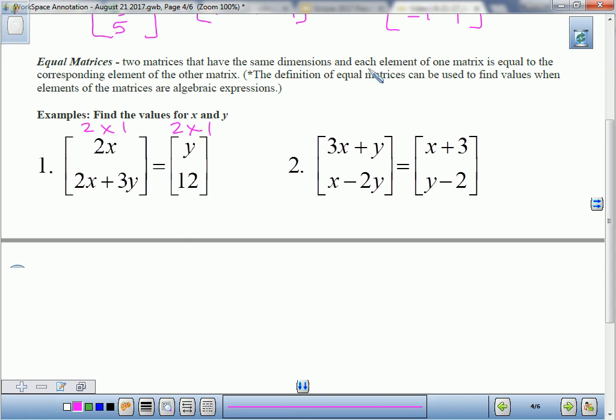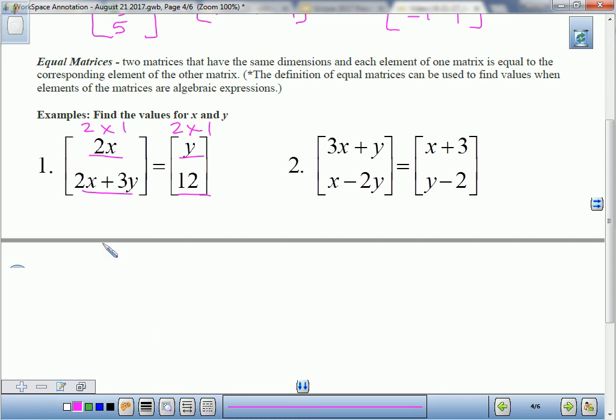And each element of one matrix is equal to the corresponding element of the other. So position 1, 1 is equivalent to 1, 1. Position 2, 1 must be equivalent to position 2, 1.